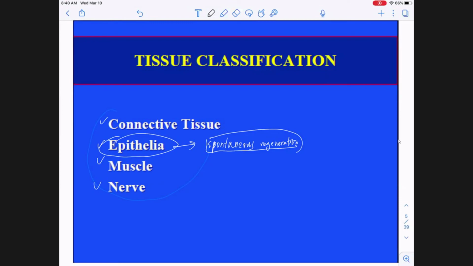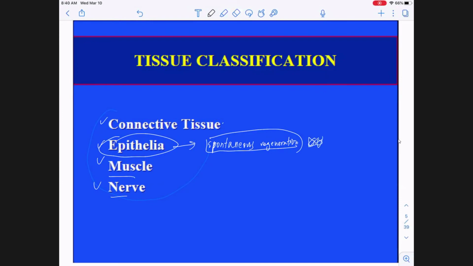Epithelium regenerates at the top surface of the tissue. Connective tissue, muscle, and nerve cannot be spontaneously regenerated, unlike skin. So only this one has this function.